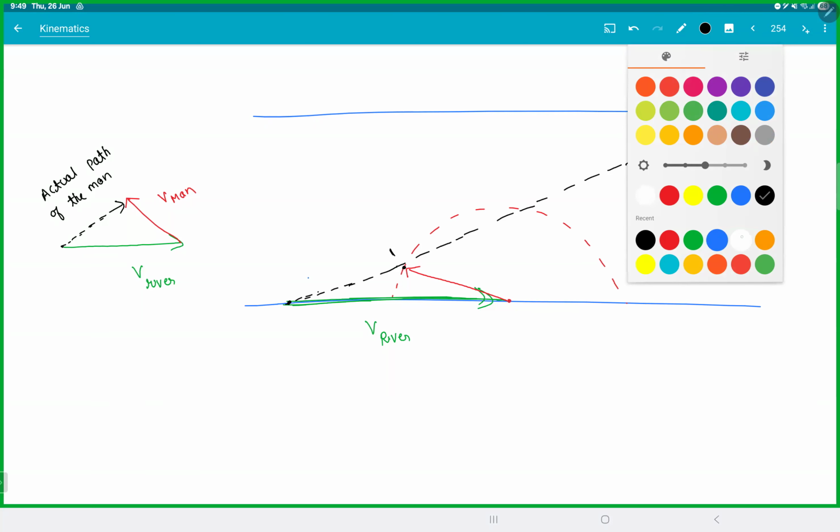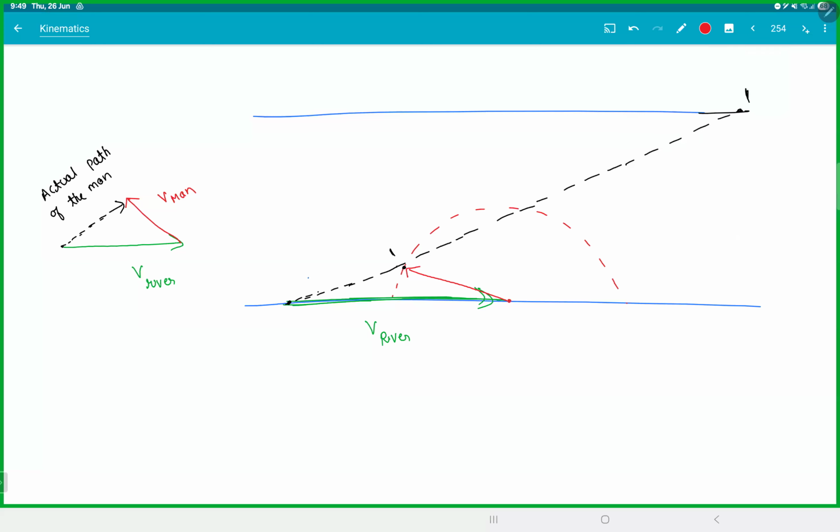Suppose this man decides to take this point here. You can choose different points. So if the man decides to take point 2, point 3, then if he takes point 2, you just draw the line from here to 2.